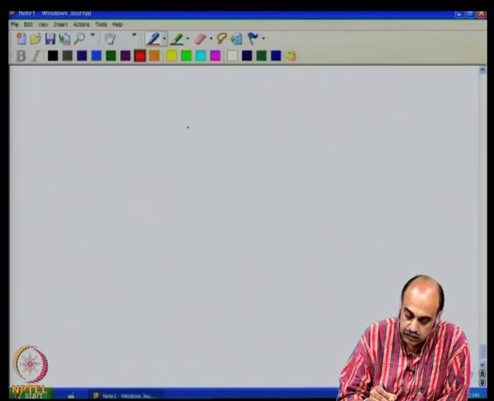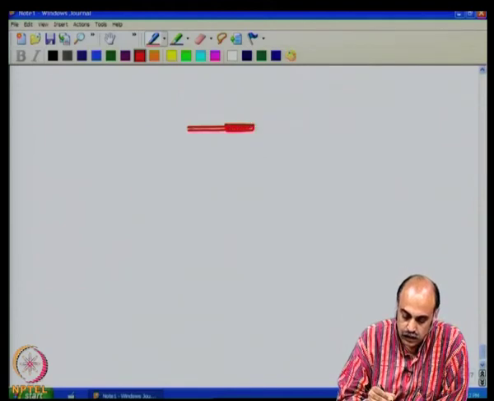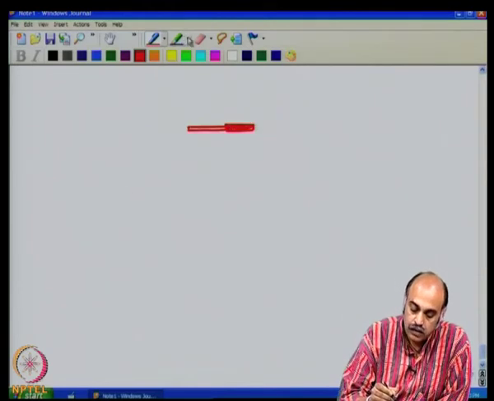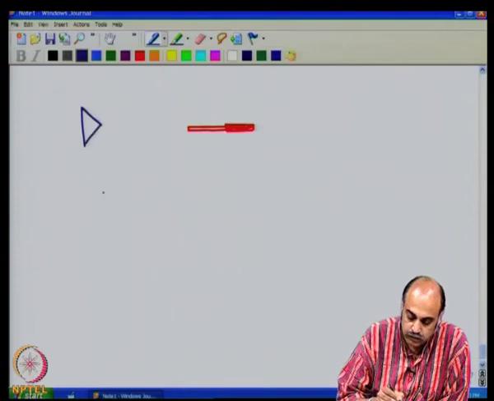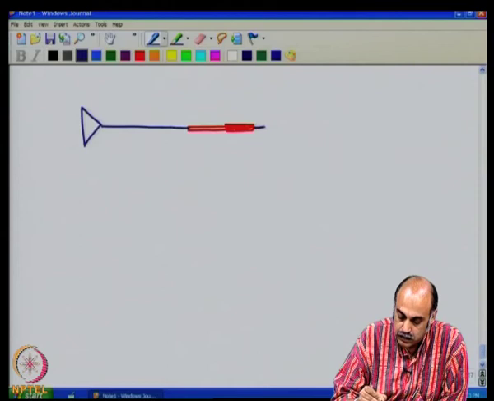Let us say, for example, you have one connection in this fashion, and you have a driver circuit which is connected like that, and it goes on to the receiver side circuit.